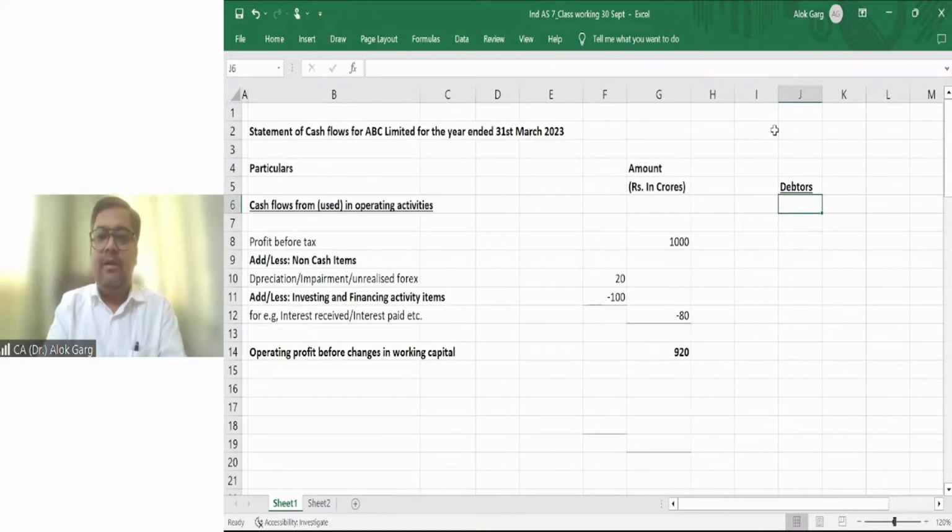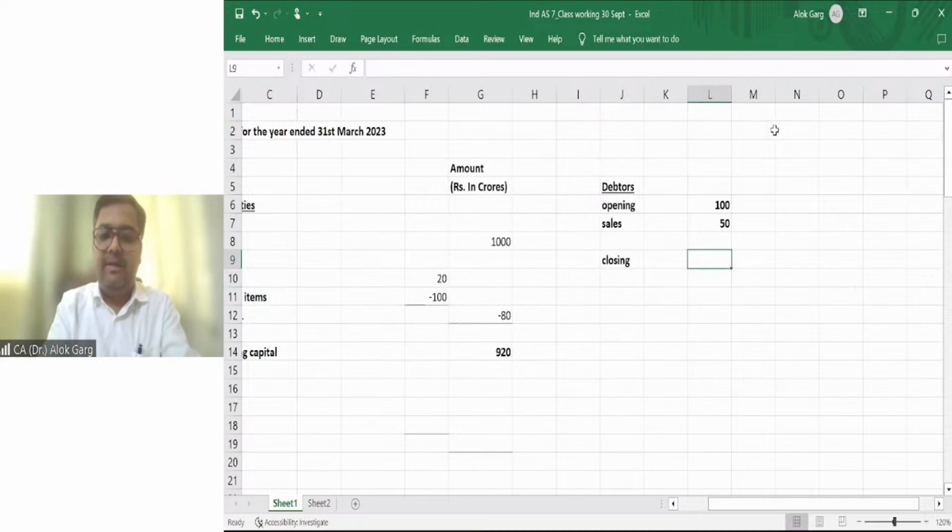The opening debtor is, for example, 100 crores. Then you have made sales to the debtors of 50 crores. And the closing debtor is, for example, 60 crores.